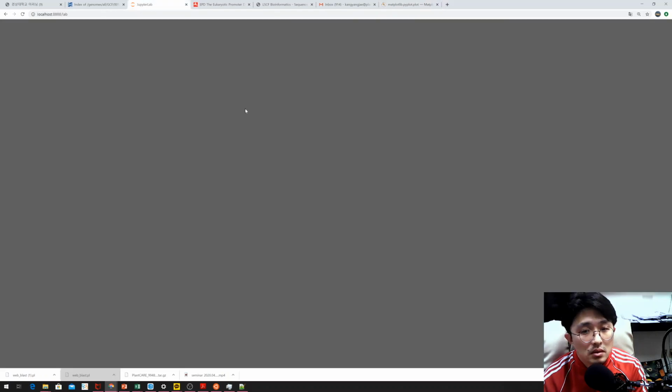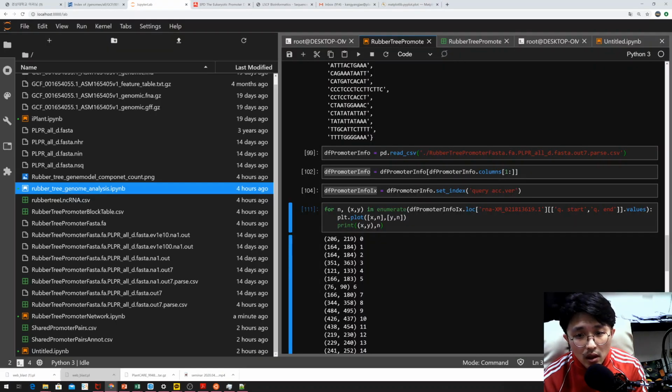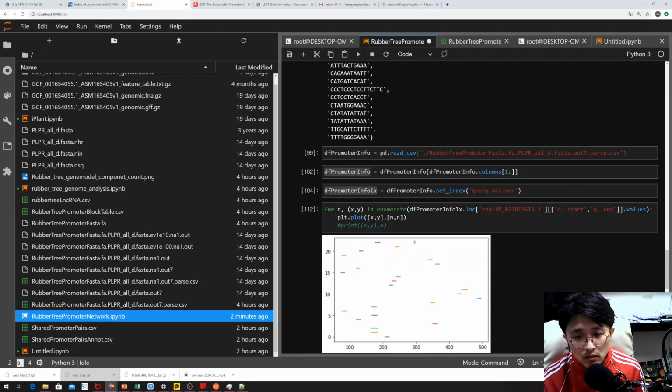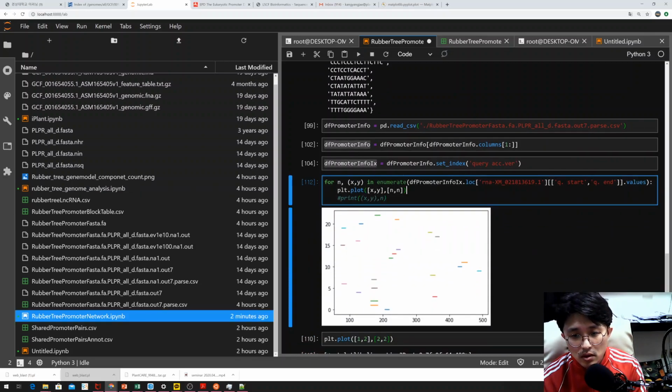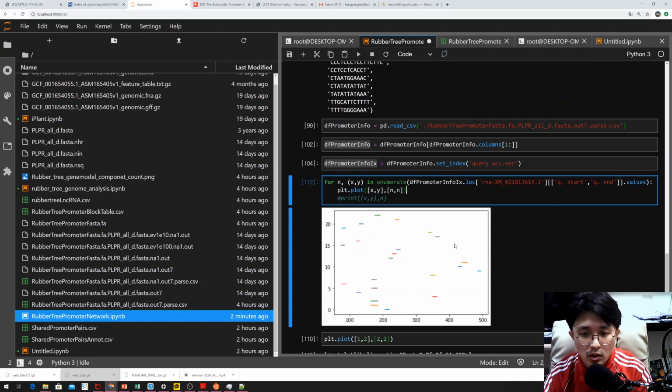Which means I have to put only x here and n comma n. Oh, okay. So this is the way we do the plot.